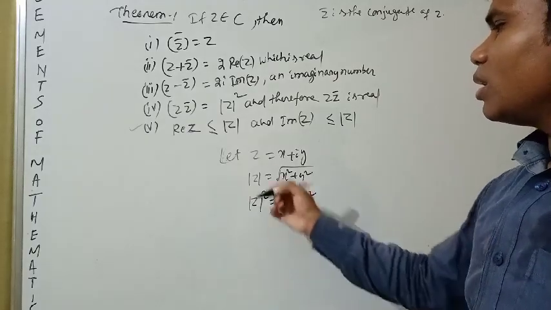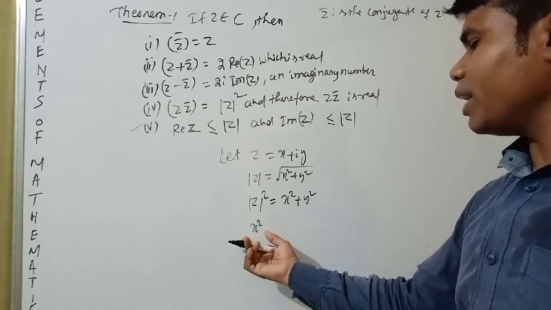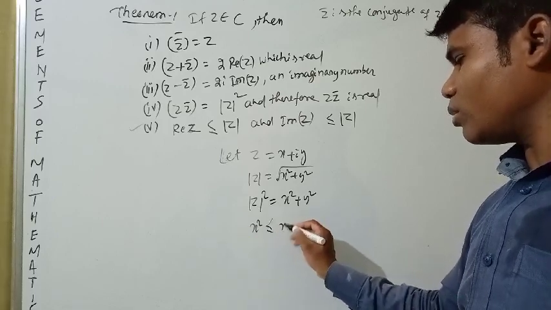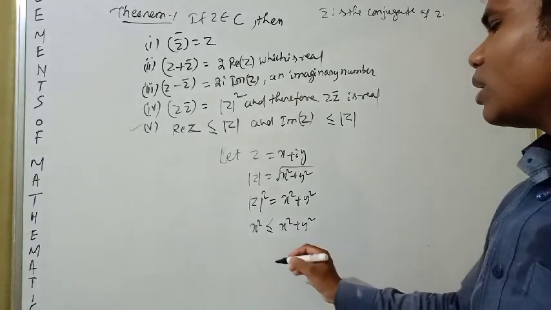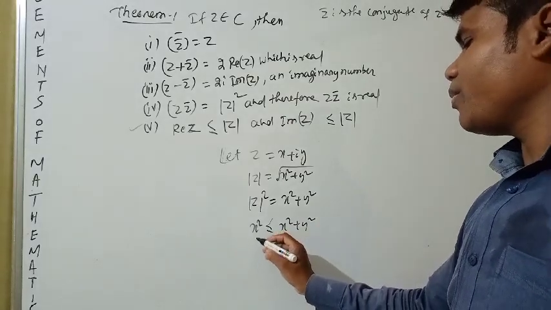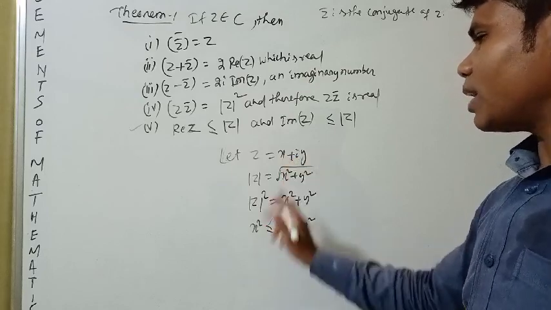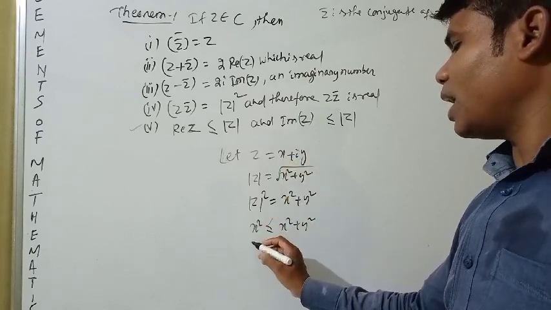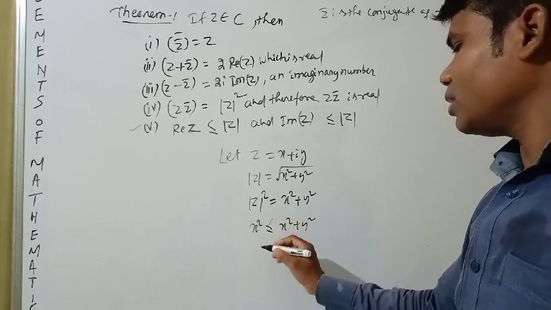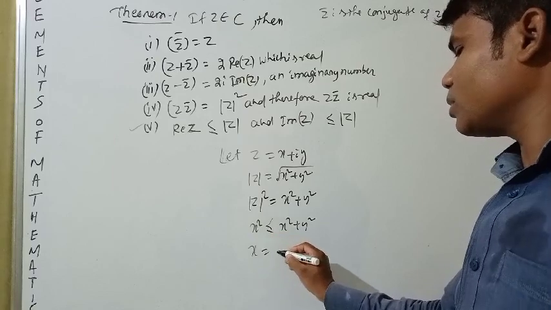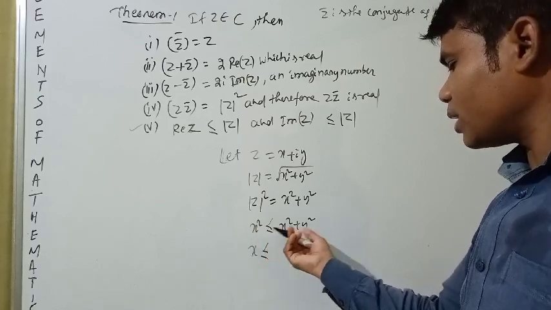If you take only X square, it is less than or equal to X square plus Y square.